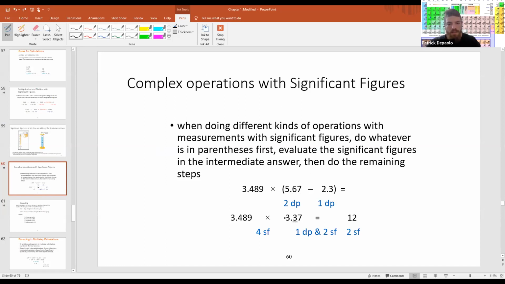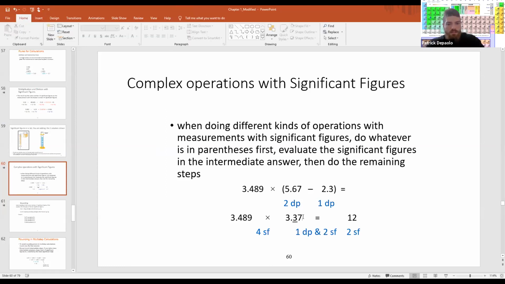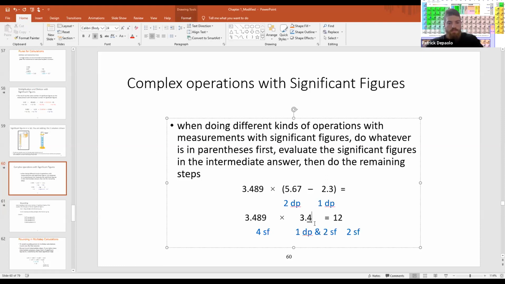Oh, no, it's not. I was looking at it, and that's not the way I would write it. So what you would do, I'm going to rewrite this. You have 2 decimal places, 1 decimal place. That means our answer, 1 decimal place. I'm going to take this out. So our answer would be in 1 decimal place, 3.4.